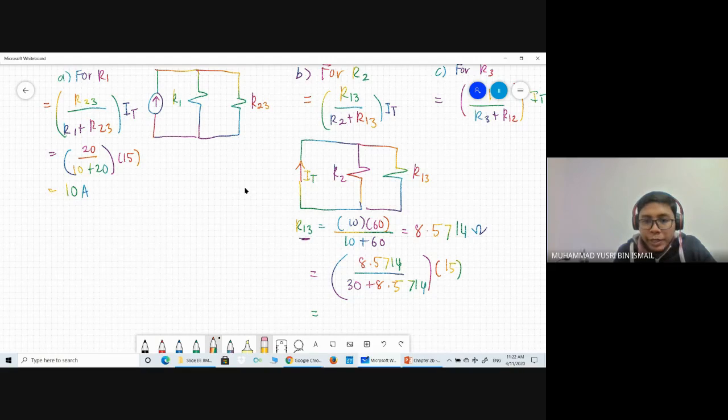So you will have a value of 3.33 ampere for the current flowing across I2.